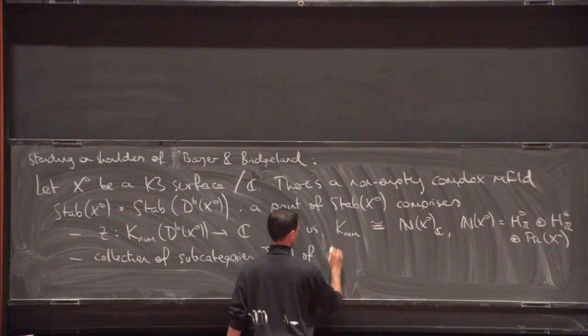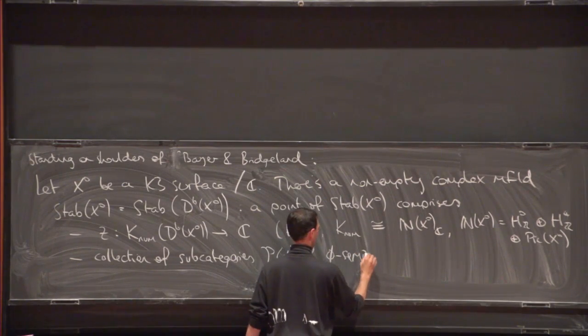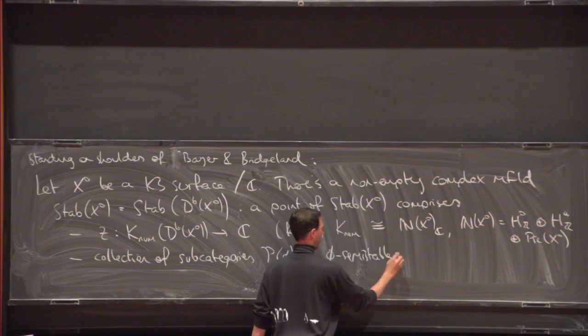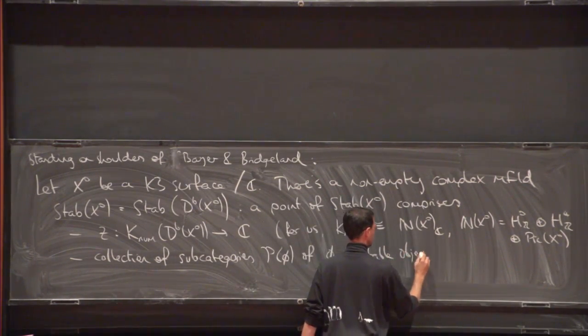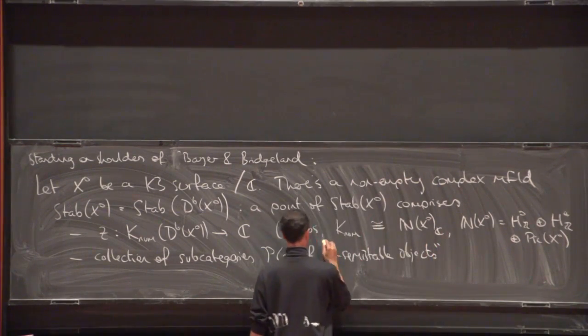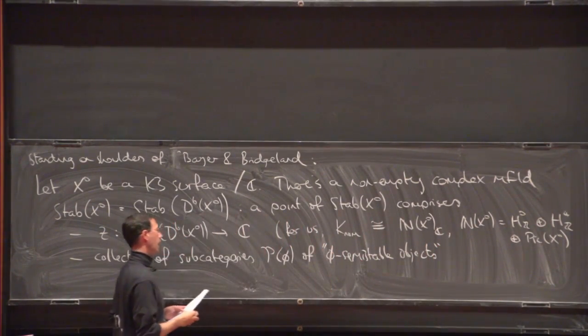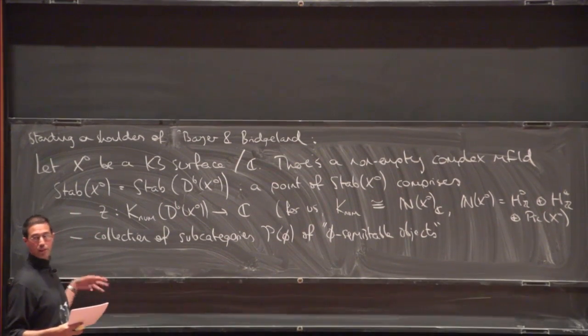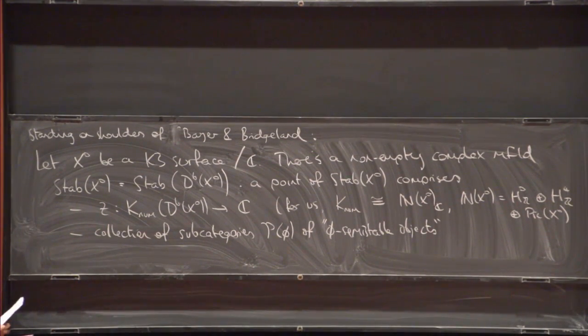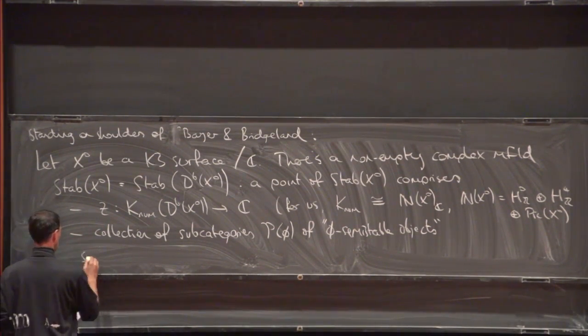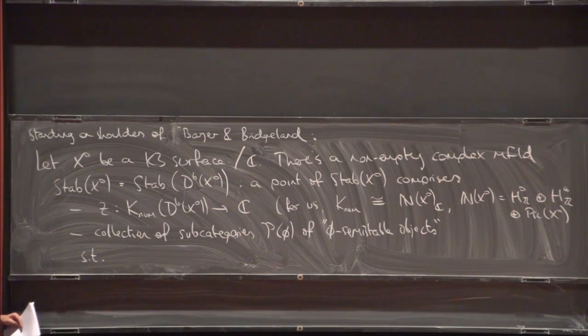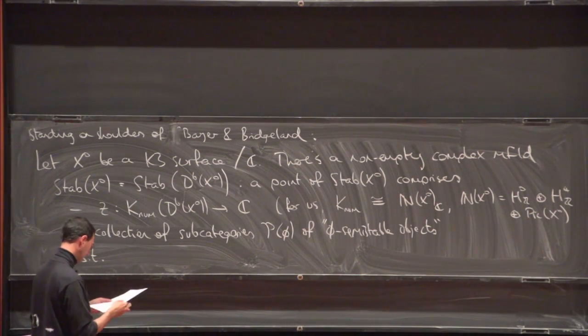of phi semi-stable objects, whatever that means. And these are bound together in various ways. They satisfy a number of axioms, but the only axiom for later purposes I want to draw specific attention to is a kind of Harder-Narasimhan axiom.